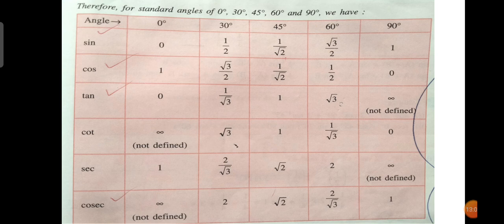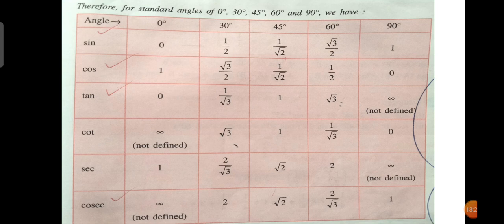This table is very important, and to solve problems you have to study this table. Sin 0 is 0, sin 30 degree is 1 by 2, sin 45 degree is 1 by root 2, sin 60 degree is root 3 by 2 and sin 90 degree is 1, like that.